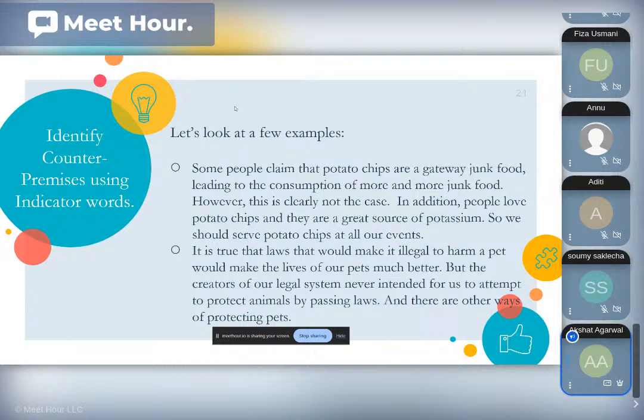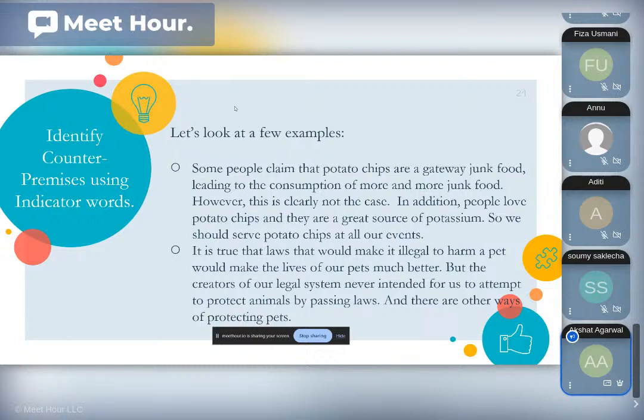So now you notice the reason why the word however is important, because it's changing the position of the author. Initially, the paragraph conveys that the opinion of the author is against potato chips. But the moment the word however is used, you know that now the author's stand is going to change.